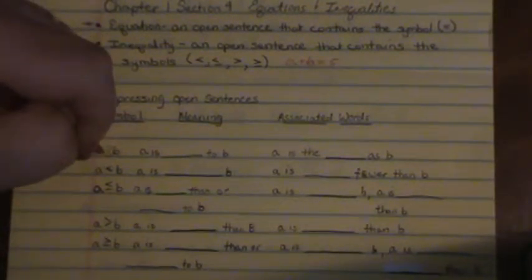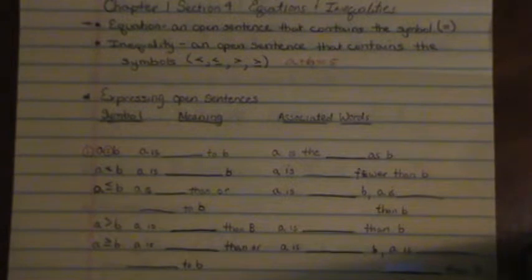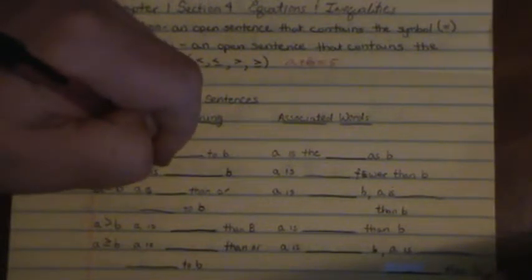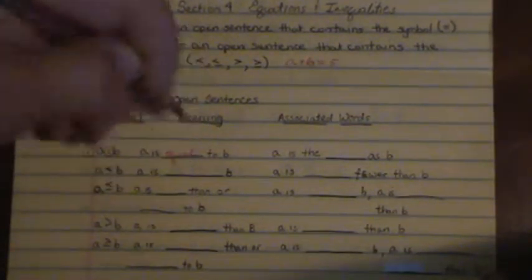For example, number 1 here has an actual equal sign. So you would say A is equal to B, or you can also say A is the same as B.